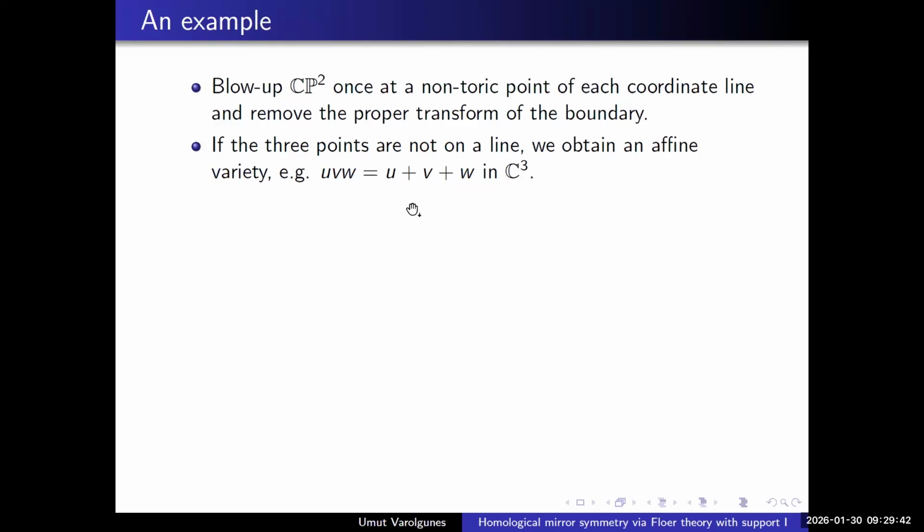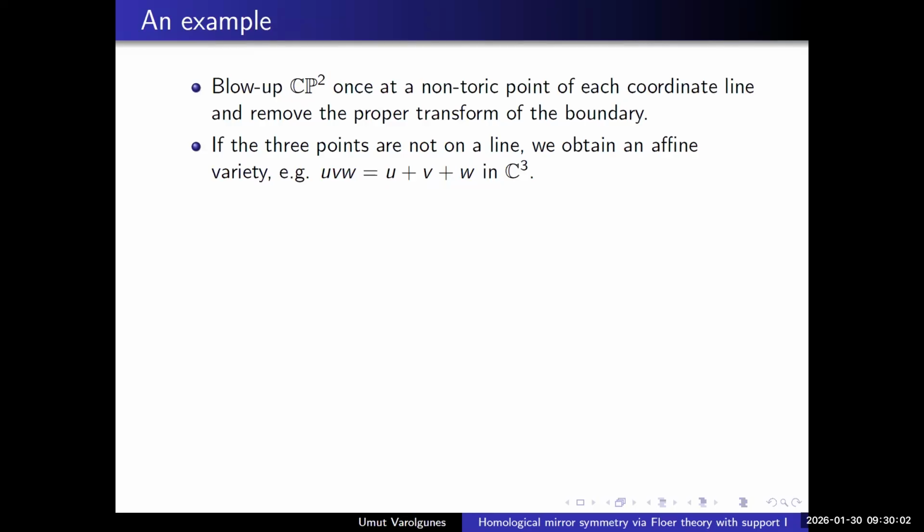Can I ask a simple question? Instead of blowing up these 3 points and removing the proper transform, why not just remove the boundary? Because that's just C star squared. In the end, you removed all the stuff which you created together with the starting boundary. I didn't understand.